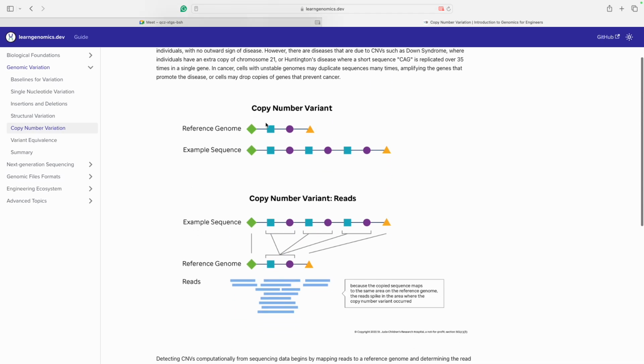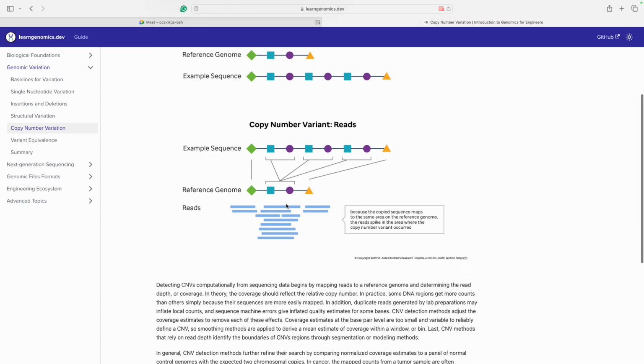So here you can see this is a reference genome and this is our test sequence where we want to analyze our data. These are the genes which are annotated by different shapes and colors, and here the duplication of this particular gene has happened. If we compare, there are multiple reads where the duplication has happened. There is an increase in the read numbers where the duplication has happened.